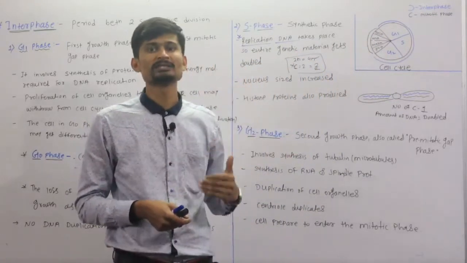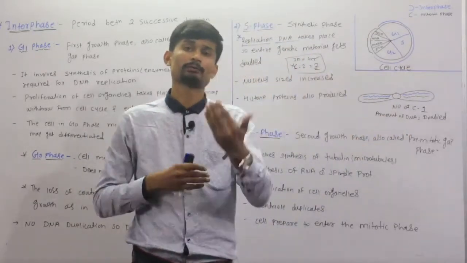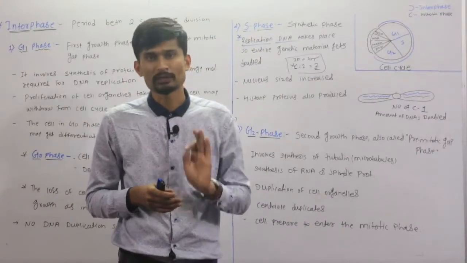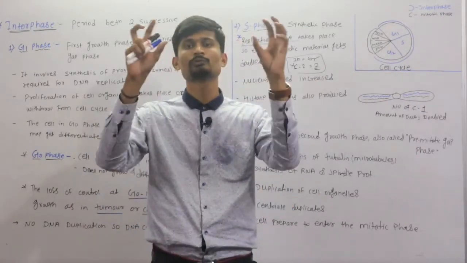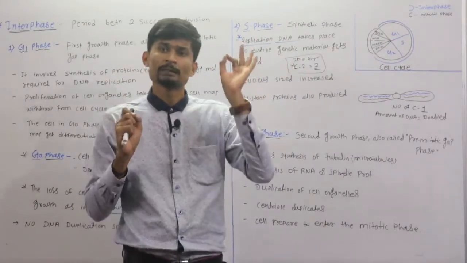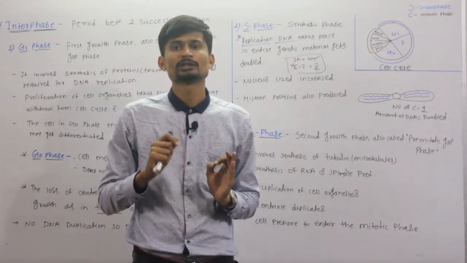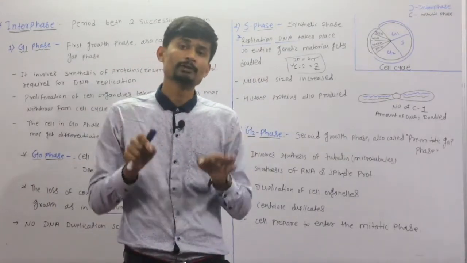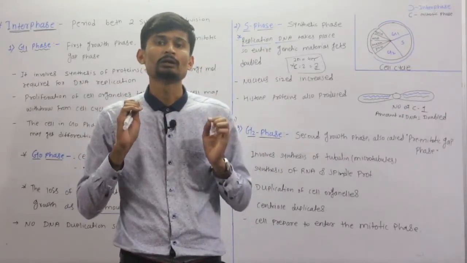This is karyokinesis, and after karyokinesis there is cytokinesis, which finally leads to the formation of two different cells which are exactly similar to each other, because this is mitotic division, and mitotic division does not produce variation because there is no mixing of the genetic material, there is no recombination.